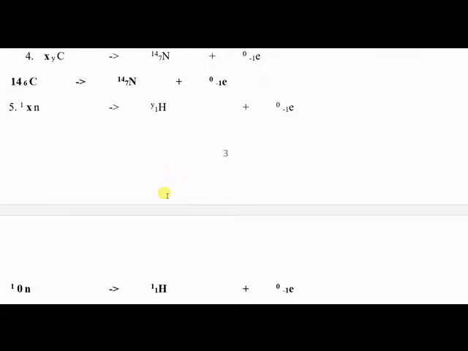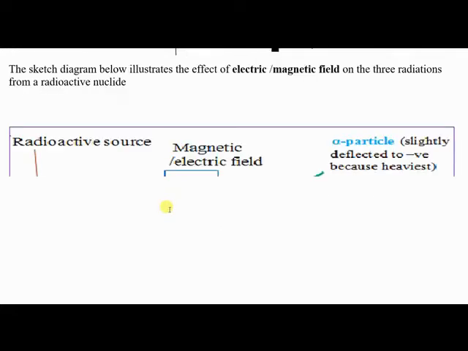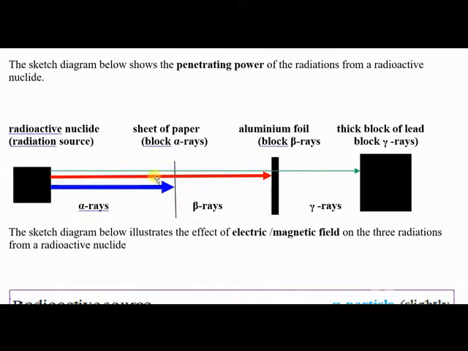So in terms of penetration, I have 3 lines here. We have the radioactive nuclide radiation source. This black thing here is the source. The blue one is the alpha rays. Alpha will be blocked by just a piece of paper. This one is a piece of paper.